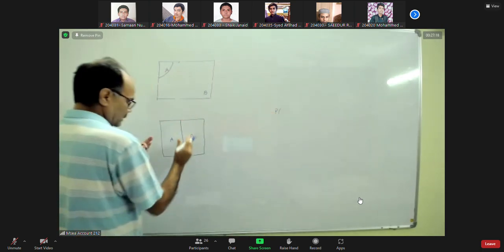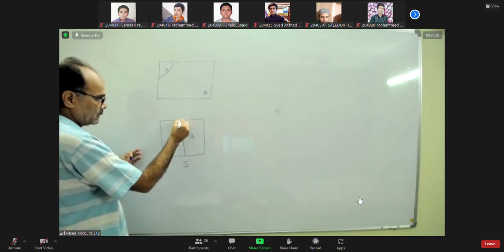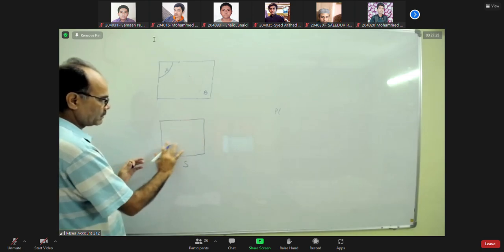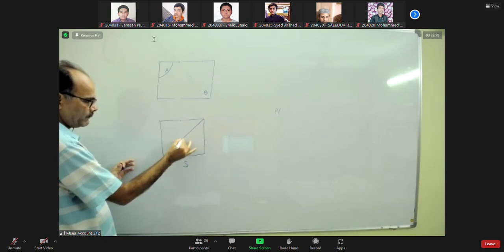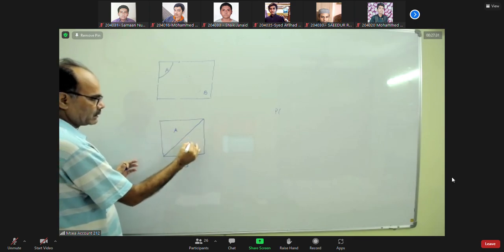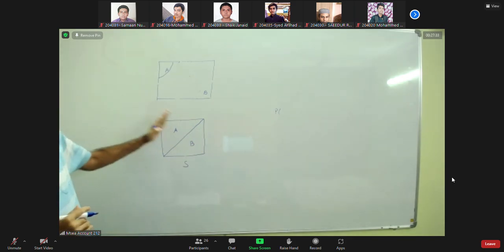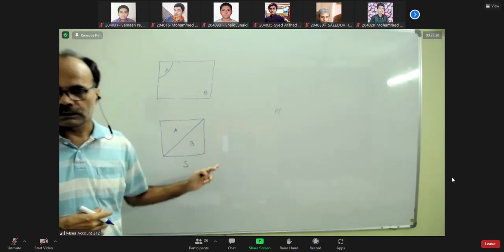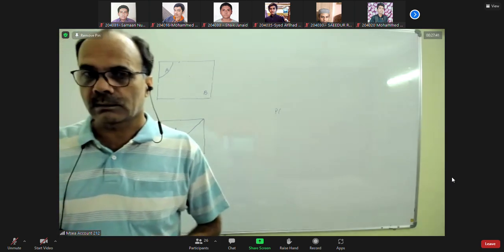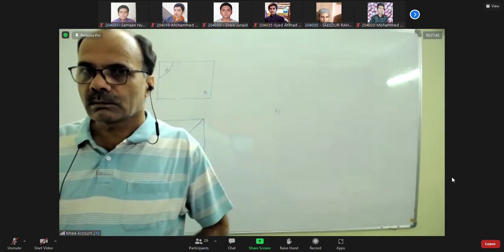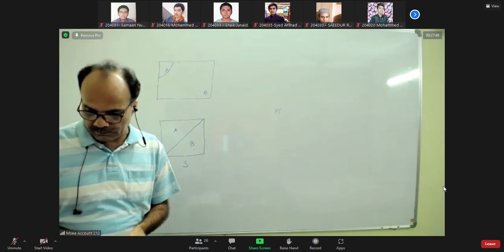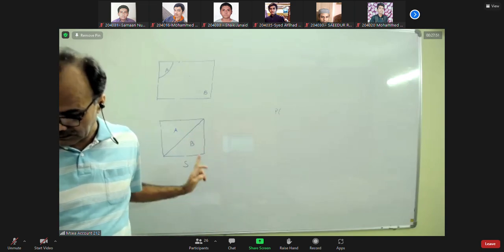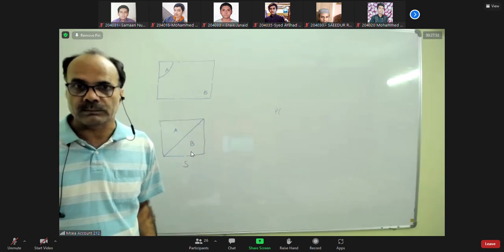If this is the universal set, half of the portion is A, half of the portion is B. They are disjoint. In this case, PA equals PB complement. Yes, sir. Now got it. So for all the cases except this case, PA is less than PB complement.